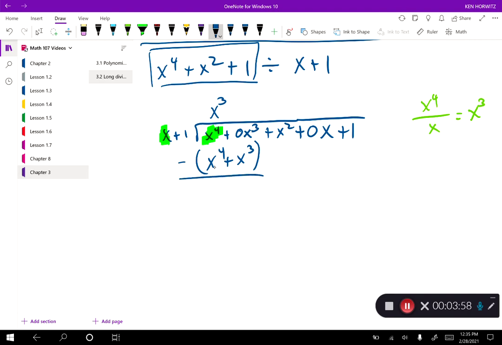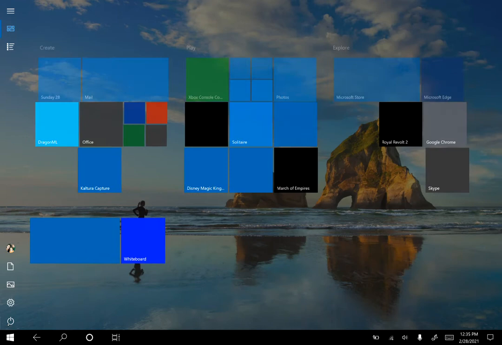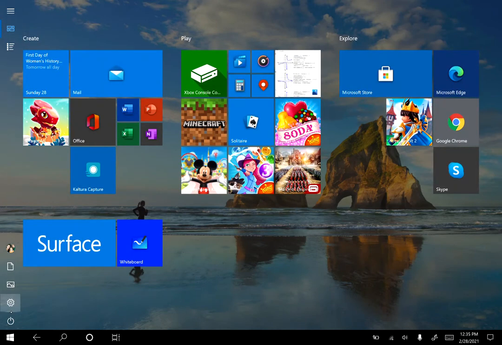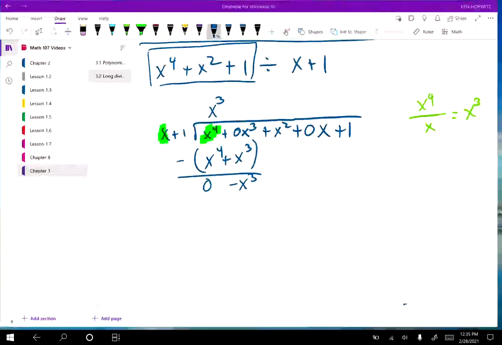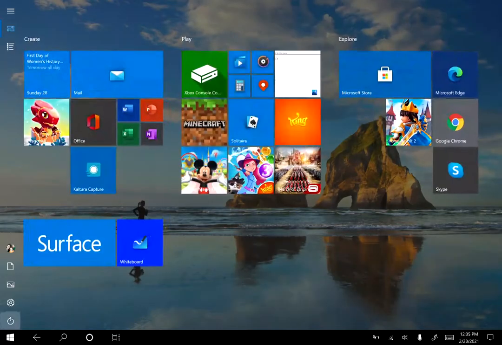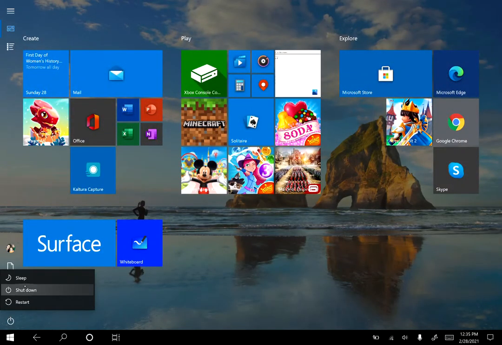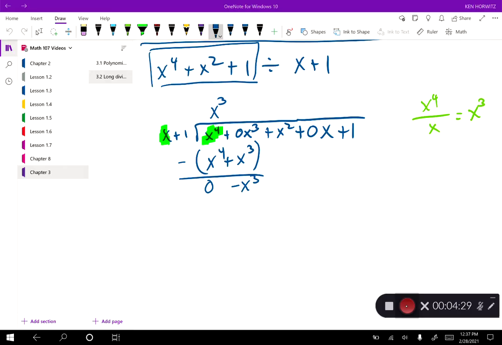I got x to the 4th minus x to the 4th is 0, and 0x cubed minus x cubed is negative x to the 3rd power.